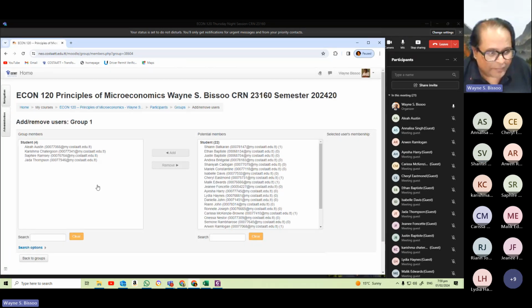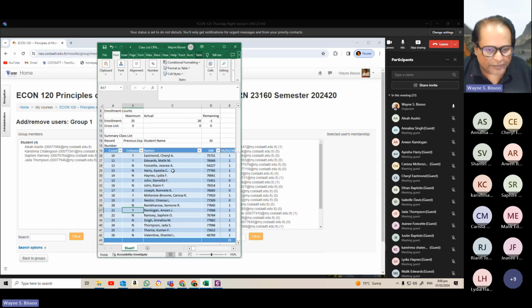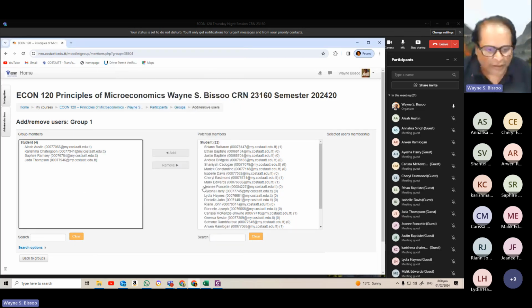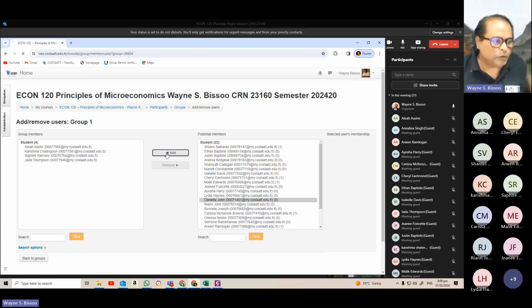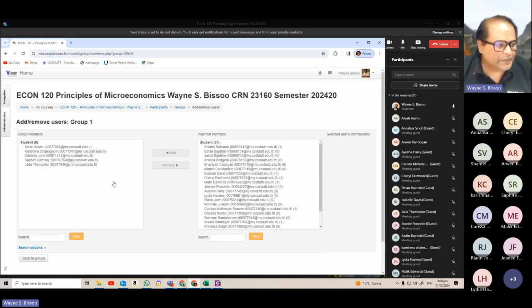Remember, we have 5 people absent, so I want to put 5 people who are absent into each group today. All right? So the one person who is absent is Daniela John, so I'm going to put Daniela John in the first group, for the simple reason I don't want to lump all of the absent people into one group and cause a bit of an overload.